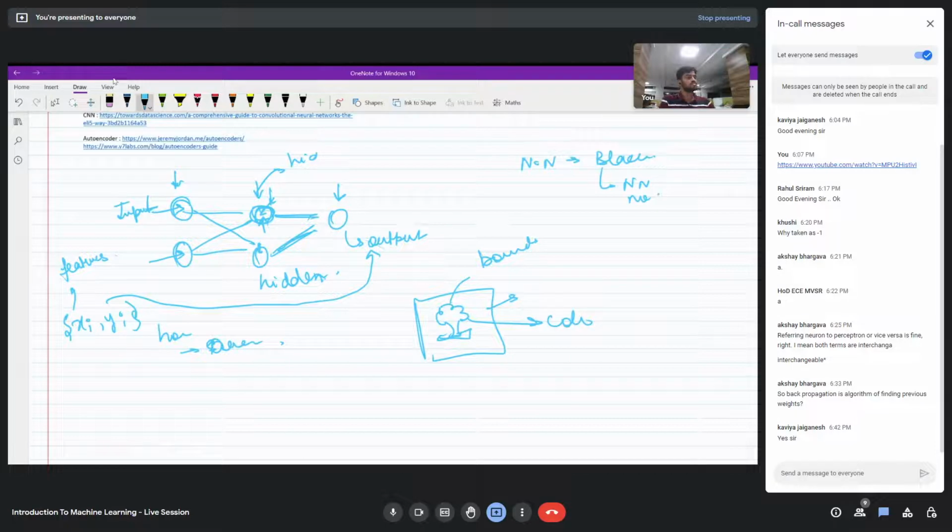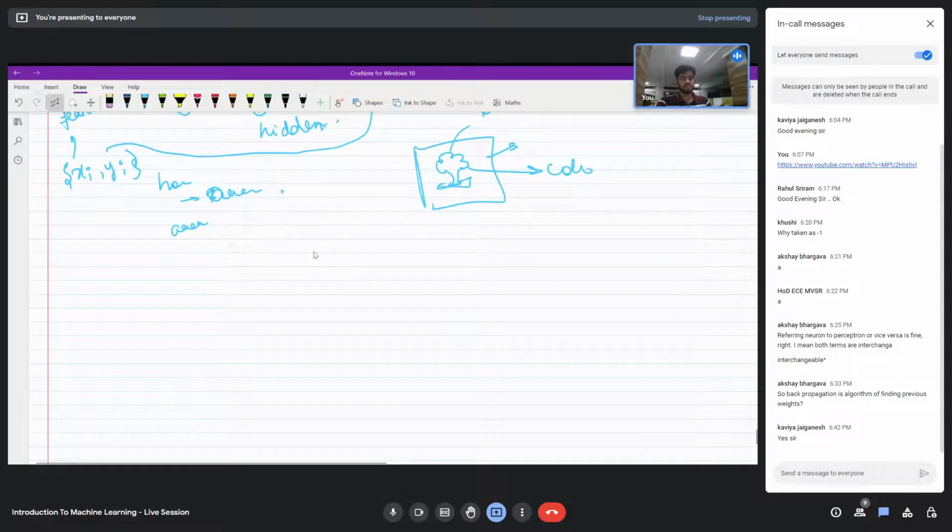So while calculating the price of a house, we have area, location, several other parameters. Those are features, whatever is in your data set. If you look at the machine learning regime as a whole, there are many kinds of tasks, but broadly there are two: one is regression, one is classification.